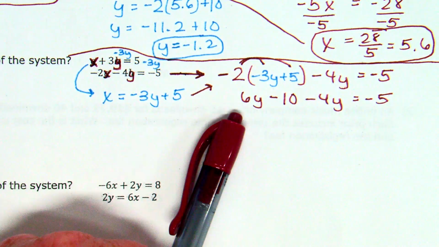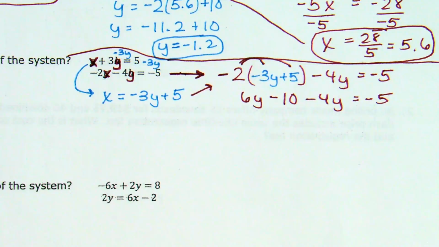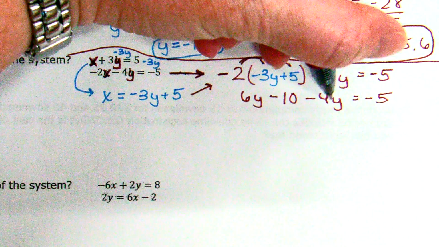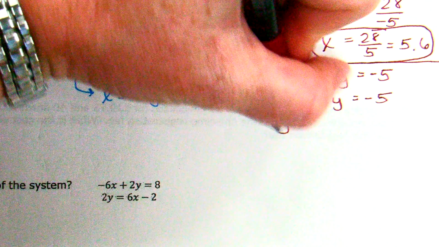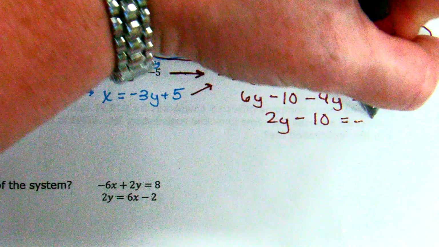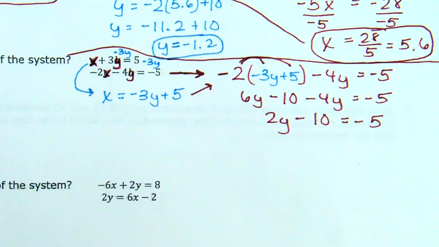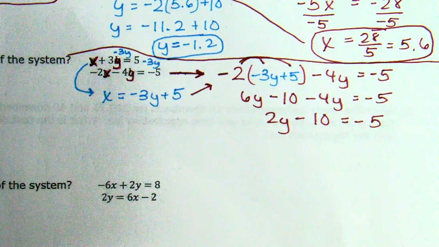They're already on the same side, yes? When they are already on the same side, you just put them together. You do whatever the signs tell you. If they're on opposite sides, that's when we have to do opposite. So this says 6y minus 4y, which is 2y. Still minus 10 equals negative 5. If it's 2y minus 10, add 10.